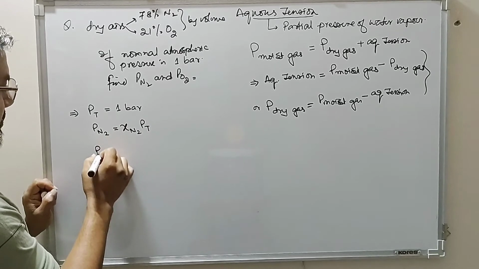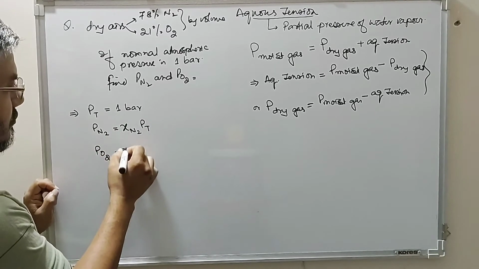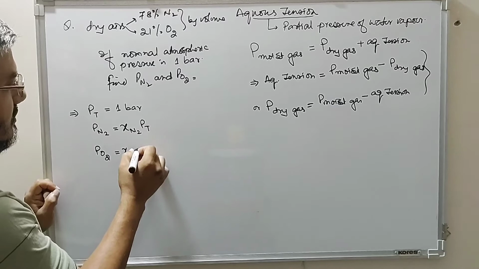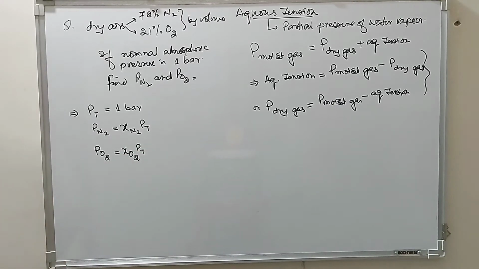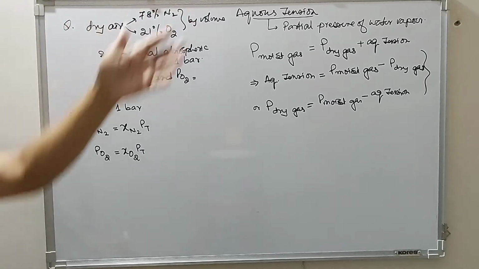We need to find the partial pressure. Partial pressure of oxygen is equal to the mole fraction of oxygen into total pressure. Again, we require the mole fraction of oxygen here. Now, the question gives the volume percent.